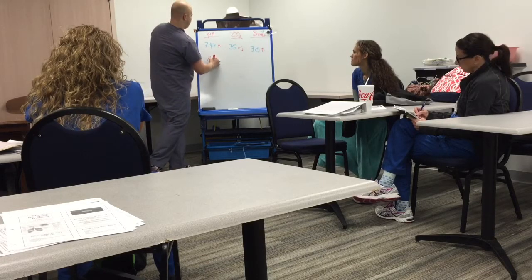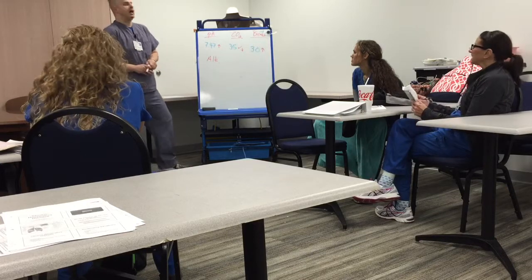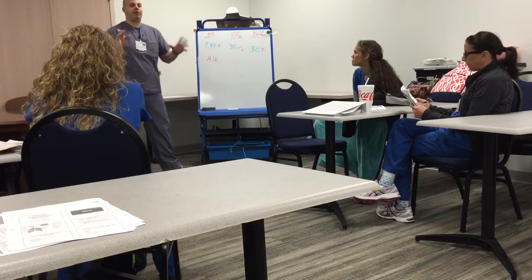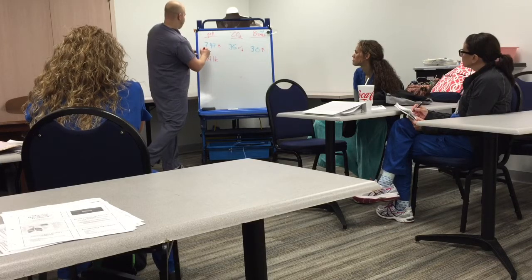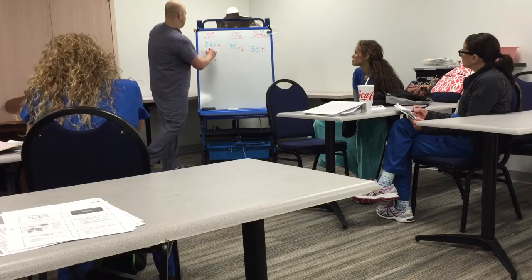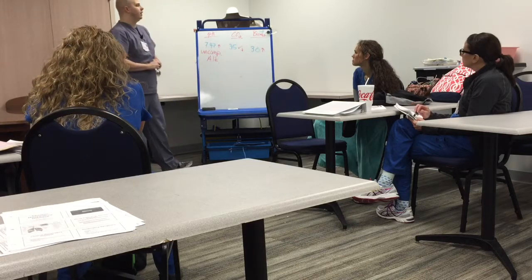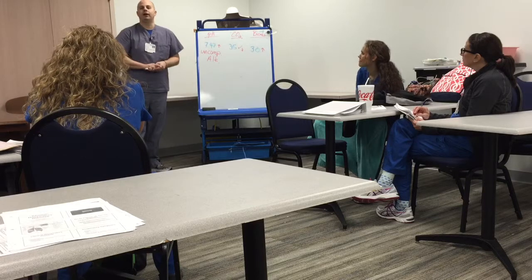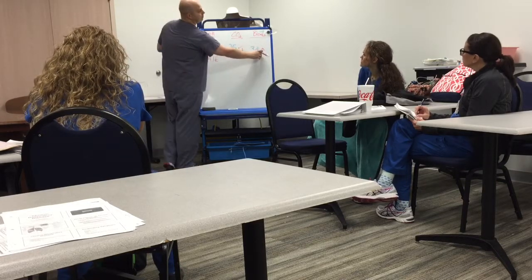Alkalosis. Alkalosis, good. Is it compensated or uncompensated? It's not compensated because our pH is out of that normal level of 7.35 to 7.45. So it's uncompensated. And is it respiratory or metabolic? Metabolic. Metabolic, good, because the pH is up and the bicarb is up.